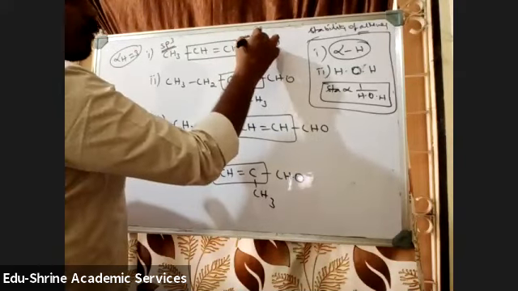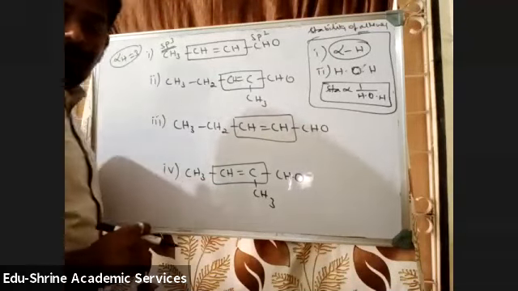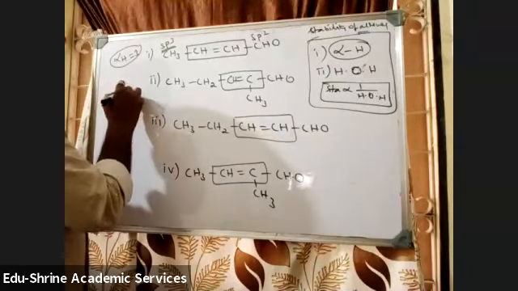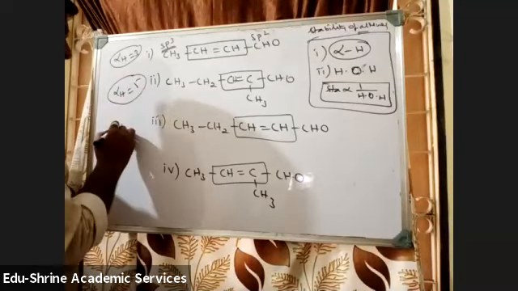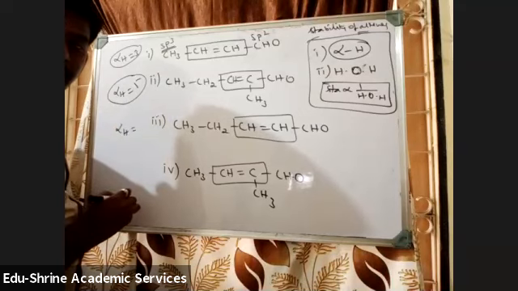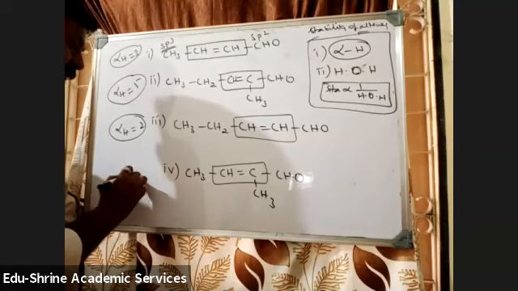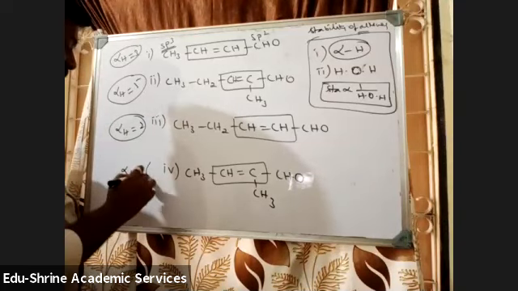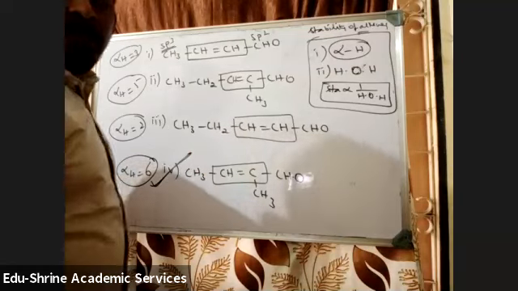Here it is sp2, because it is C=O. Only sp3. Here 5. Good. This case, 2, good. So obviously this will be the major.